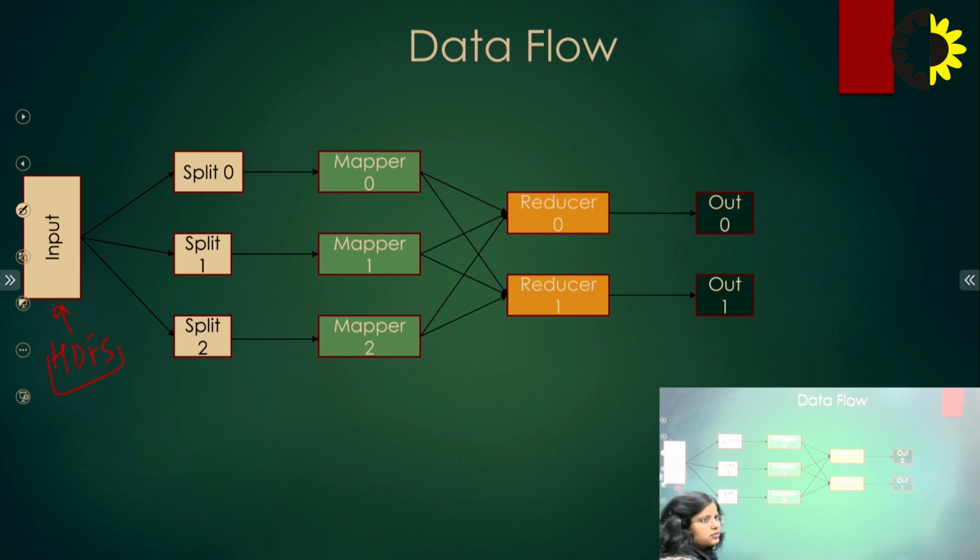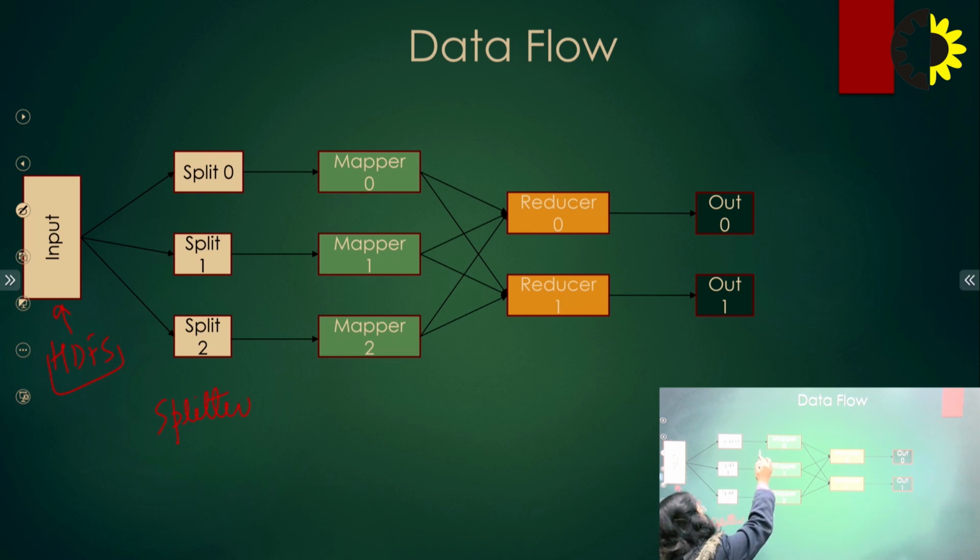The first task is done by the splitter. The task of the splitter is to divide the input into different chunks, like split 0, split 1 and split 2. After that we apply the mapper to each chunk.